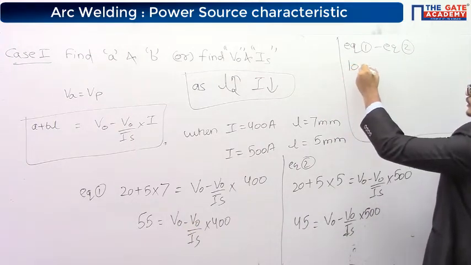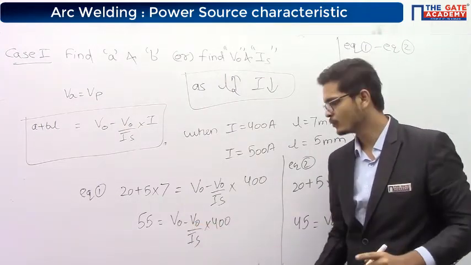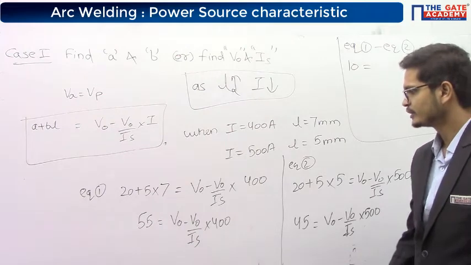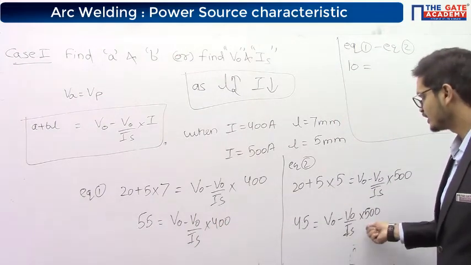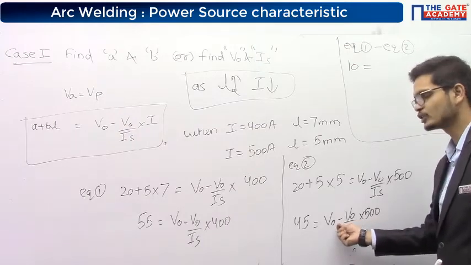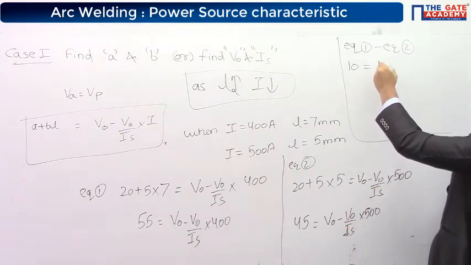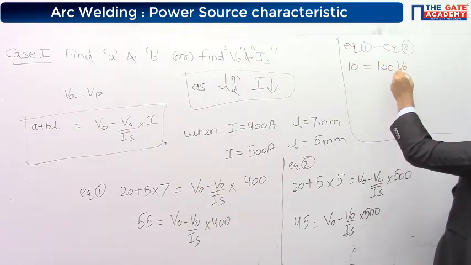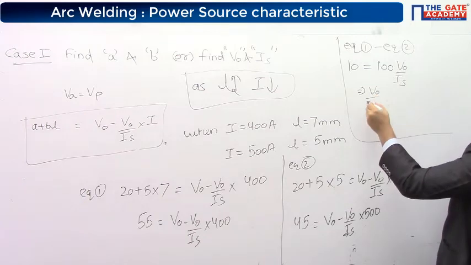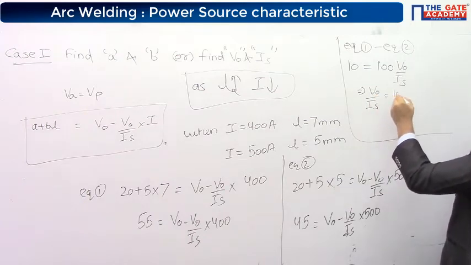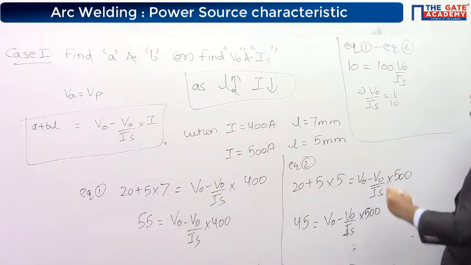V0 minus V0 will give you 0. Then minus V0 by IS into 400, minus minus V0 by IS into 500. So this minus will become plus. You will get 100 times V0 by IS. So it implies V0 by IS is 1 by 10.